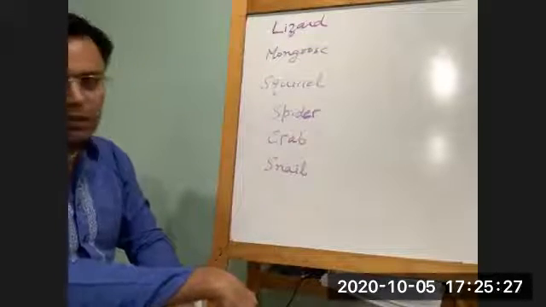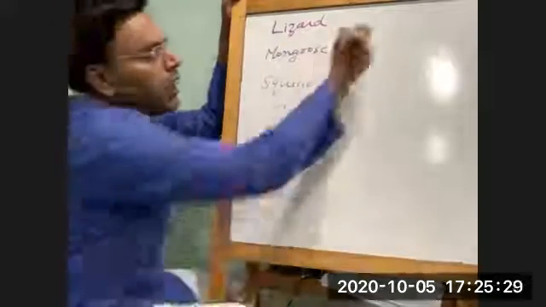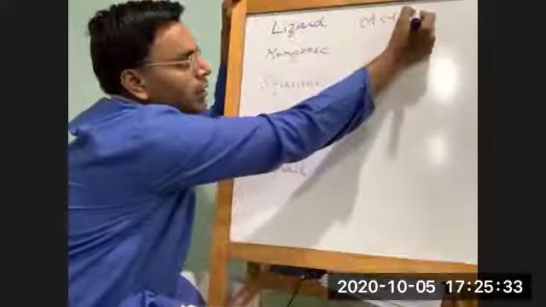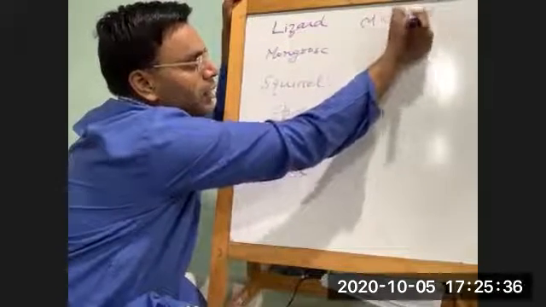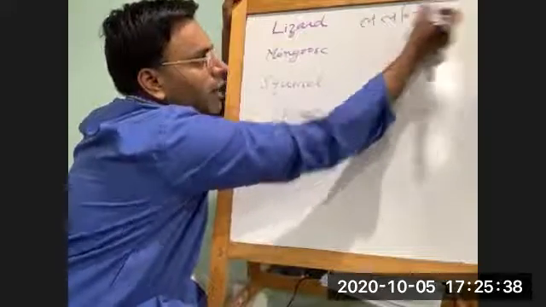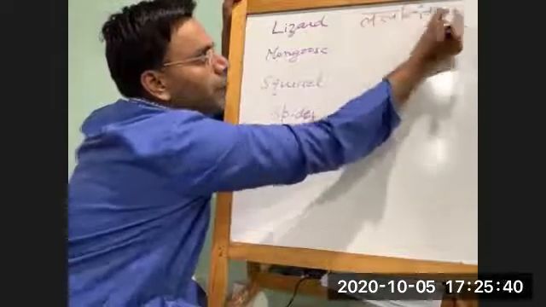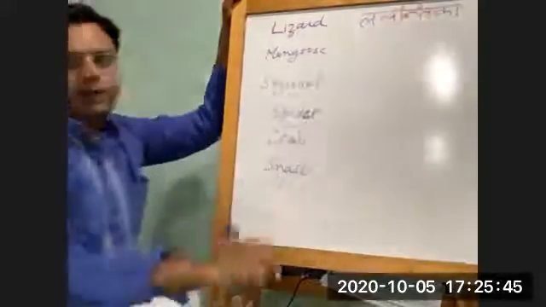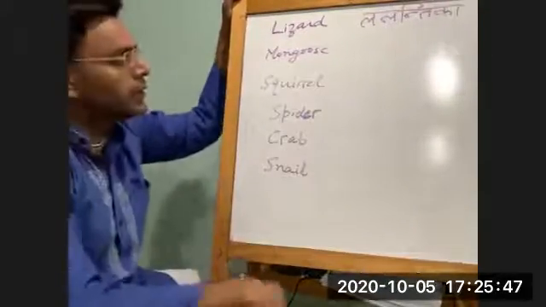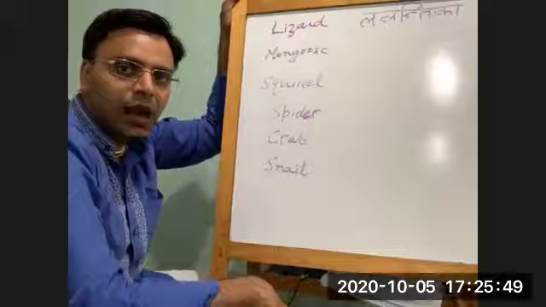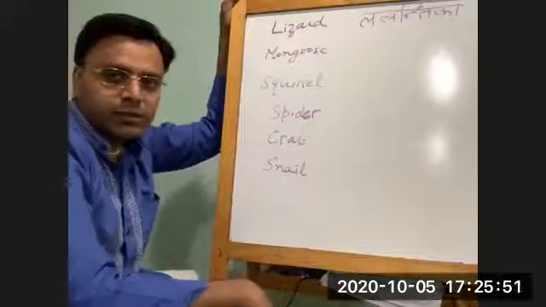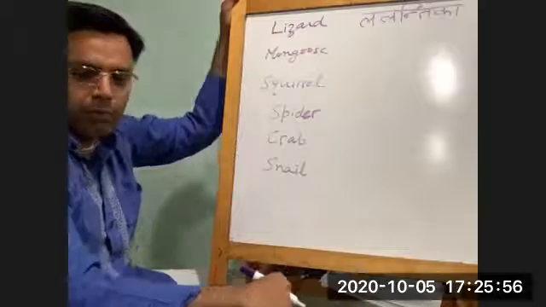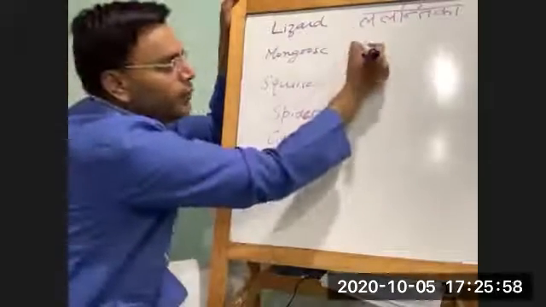A lizard is called lalantika. La na ta i ka, lalantika. Okay, so lizard is lalantika. And mongoose is like nevala, right? In Hindi we call nevala. So mongoose is called nakulaha.